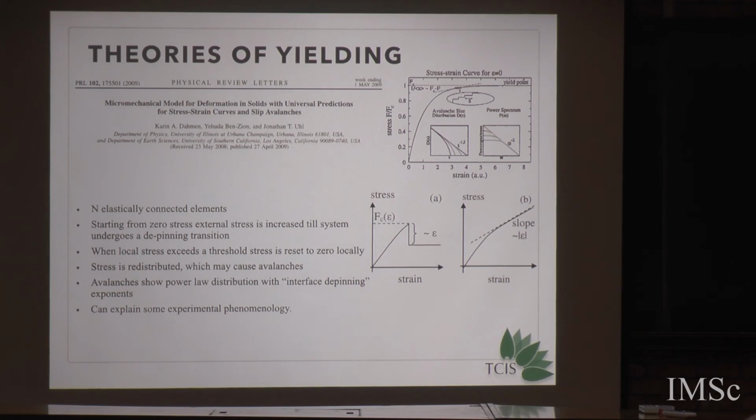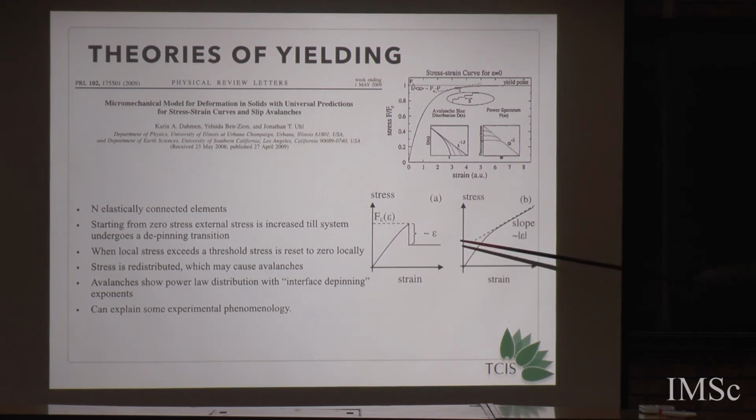If your shear stress is small, then no avalanche is created. But if your total shear stress is larger than something, then you suddenly have this transition, and there is this instability, and you start getting avalanches.